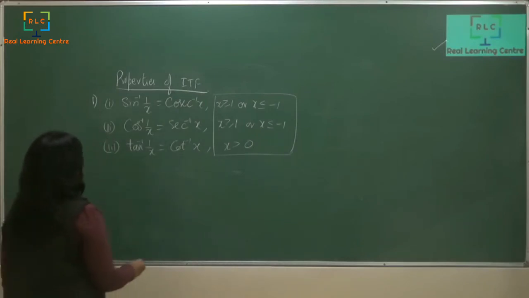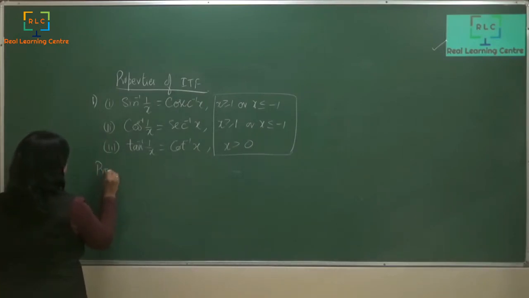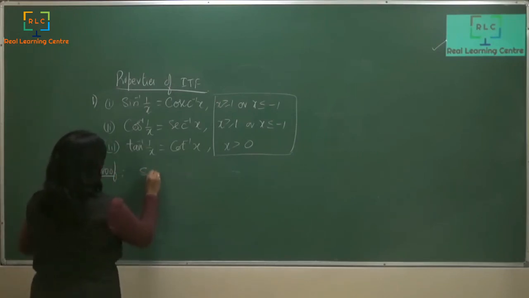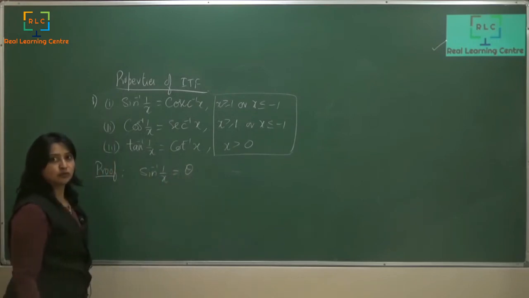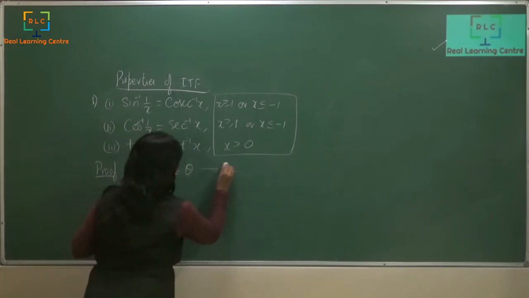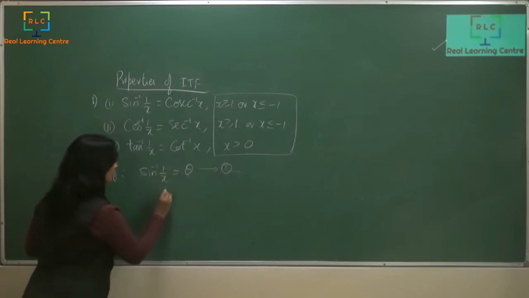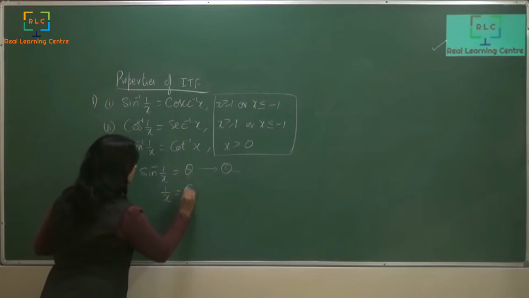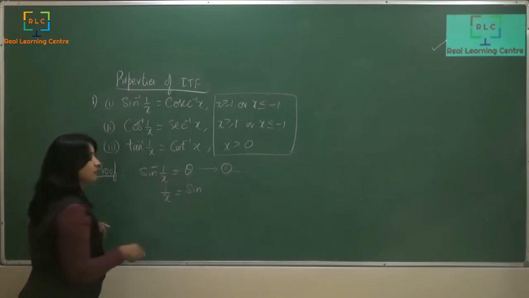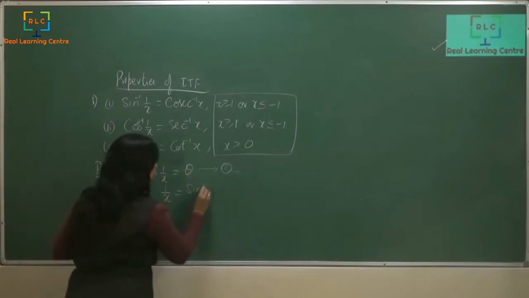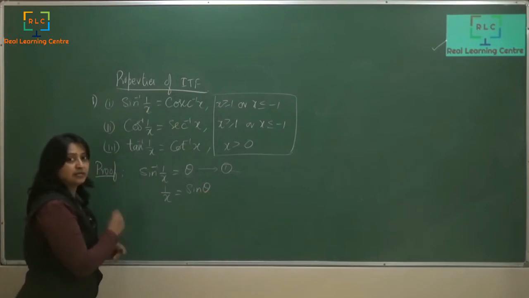Now, how do you prove this? So let us go for the proof. I'll call sine inverse 1 by x as theta, and let me call this equation number 1. Now 1 by x is equal to sine theta, since the inverse trigonometric function becomes trigonometric when I transpose it. I shall take reciprocals.